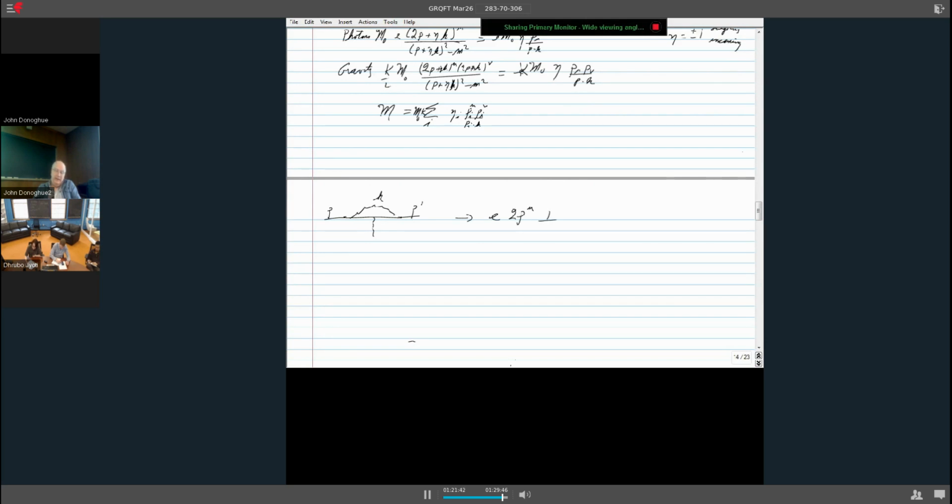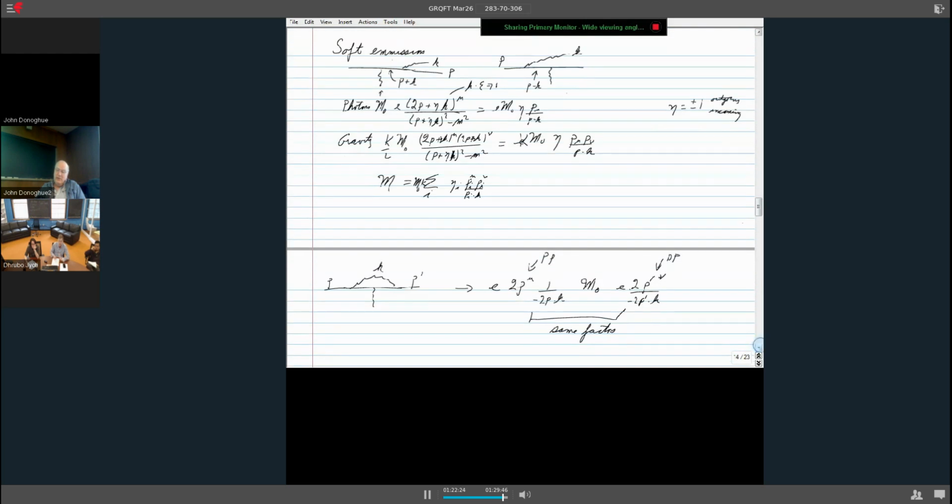Okay, that's basically just two indices instead of one. And so the matrix element for this is the sum over all the particles, the M0 factor out front, eta i P i over P i dot K. And you can basically then calculate the whole thing in terms of mu nu in this sum.